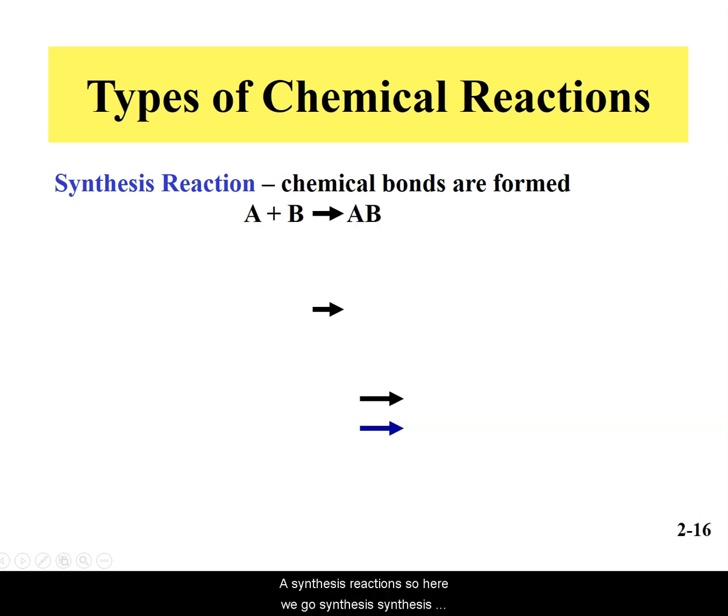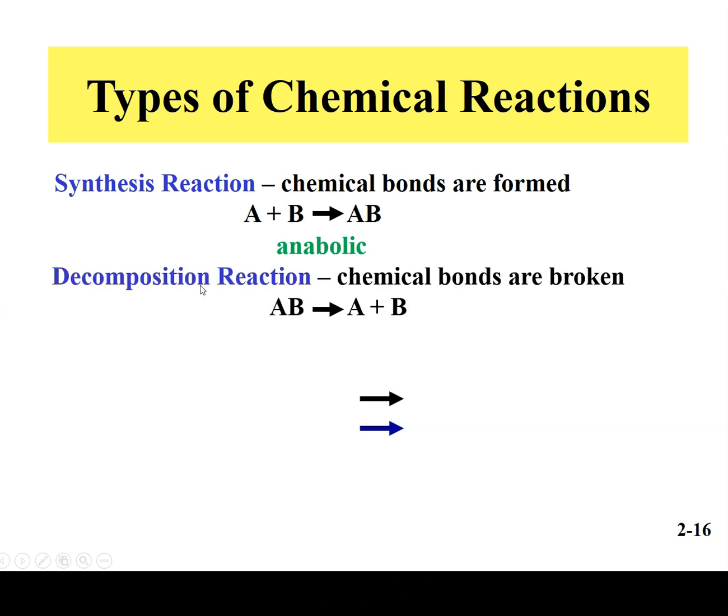Okay, synthesis reactions. So here we go. In synthesis, chemical bonds are formed. Again, it is endothermic, so you have the simpler to the more complex, and then the more complex has stored energy. It's also anabolic.